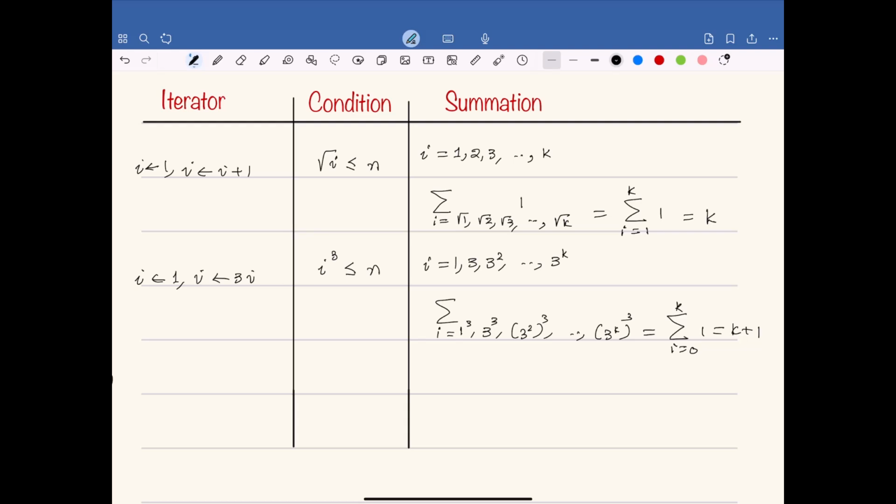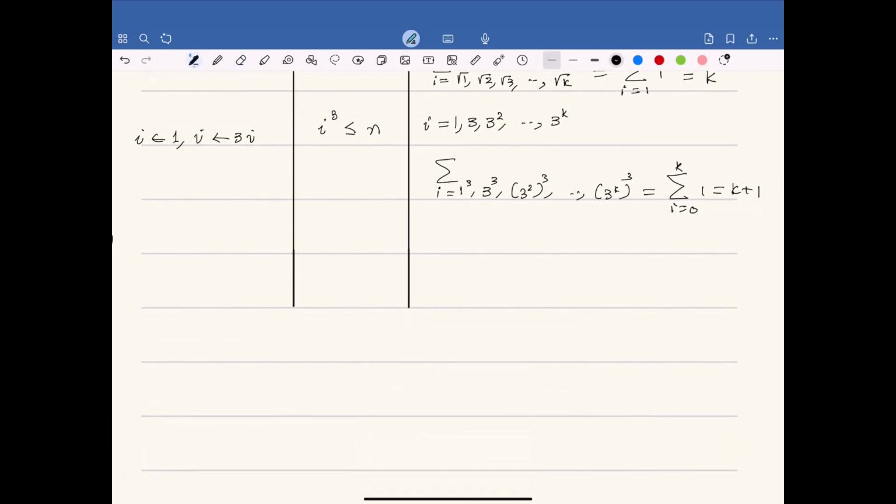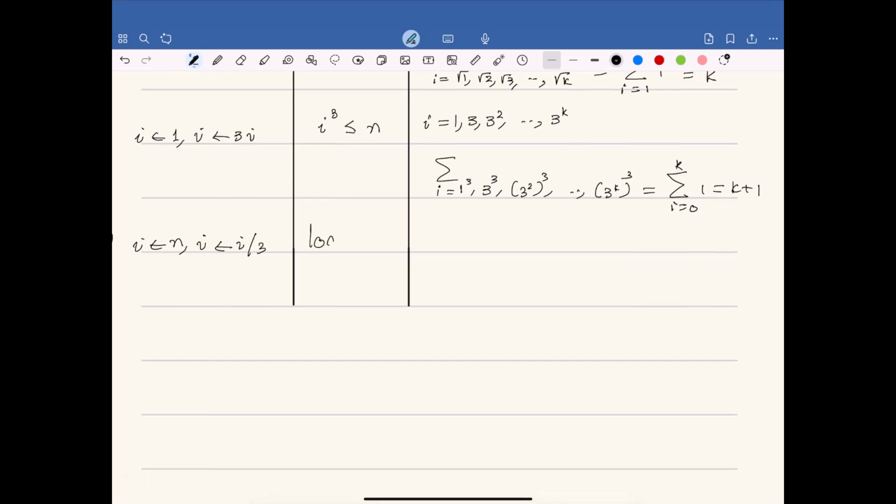Now for the next example. Suppose the iterator is initialized to n, and the iterator is updated by dividing I by 3. And let us assume the condition is log of I less than or equal to n. So what will be the summation for this loop? First, we will list the values of I that are updated in every iteration.